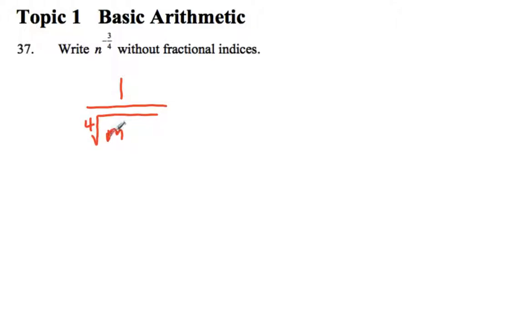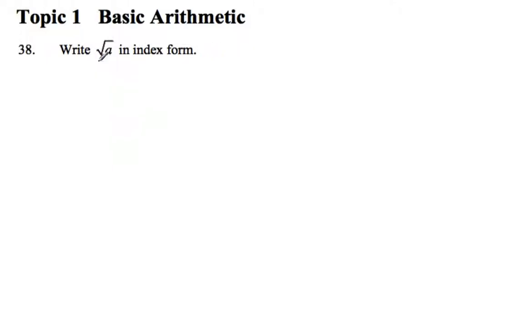Oops, n cubed. Read the question carefully, Mr. Blake. That's an n. Did a bit of colouring in there. N cubed. So the top is the power, the bottom is the root, and the minus turns it upside down. Anything without a fraction version could be put as over 1, couldn't it? So that's turned upside down, put to the power of 3, and 4th rooted.